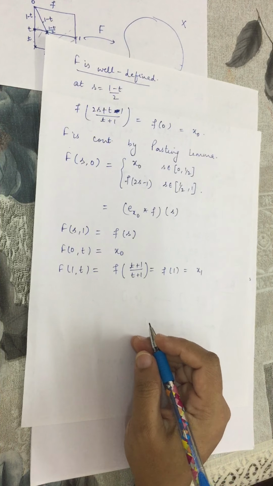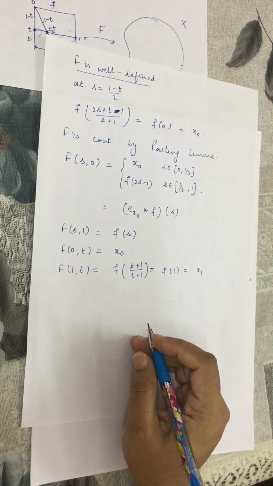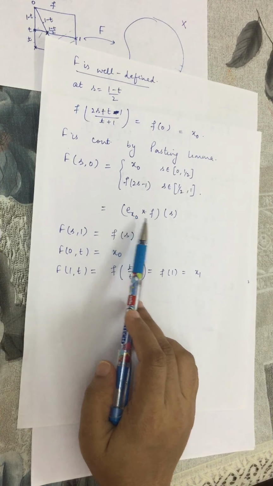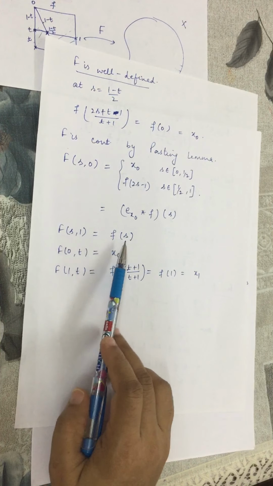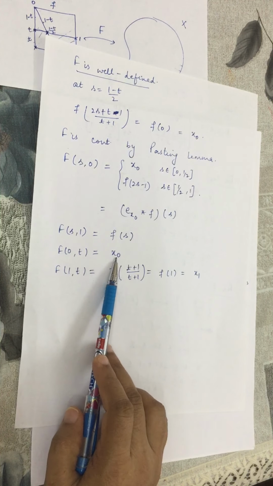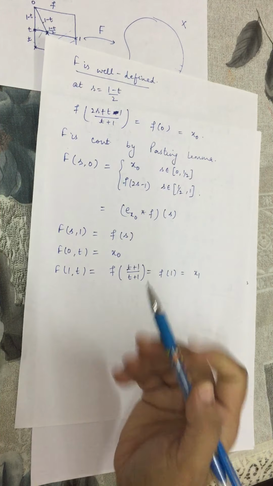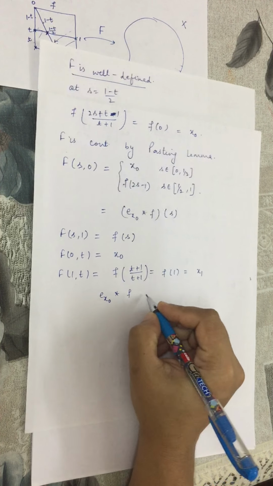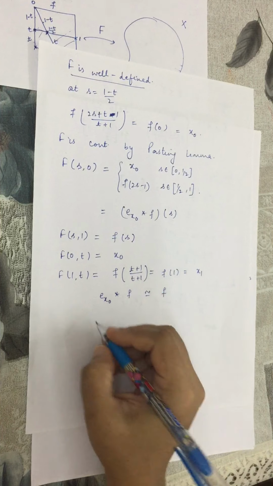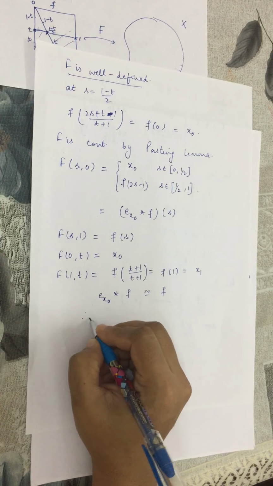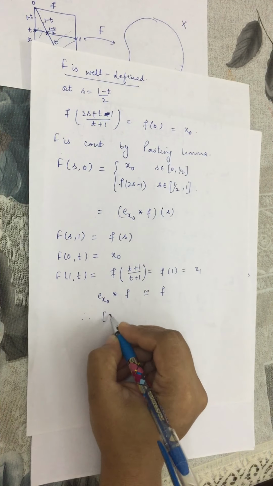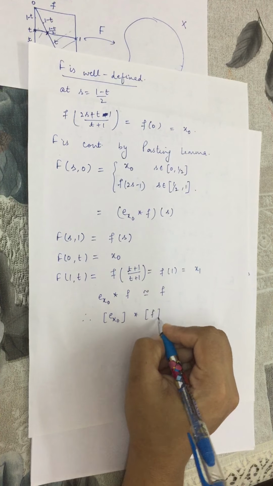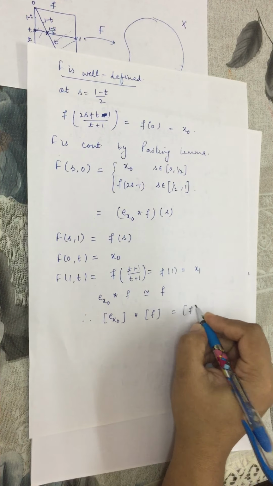So now we have proved that there is a continuous mapping F such that F(s, 0) is e_x0 star f at s, F(s, 1) is f(s), F(0, t) is x naught, F(1, t) is x1, which means e_x0 star f is homotopic to f. So in other words, we can say that the class of e_x0 star f is equal to the class of f.